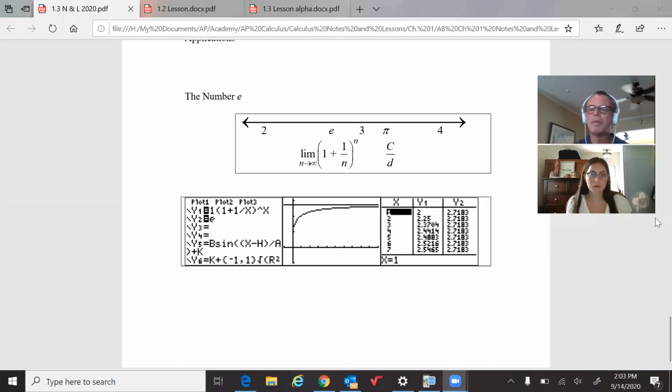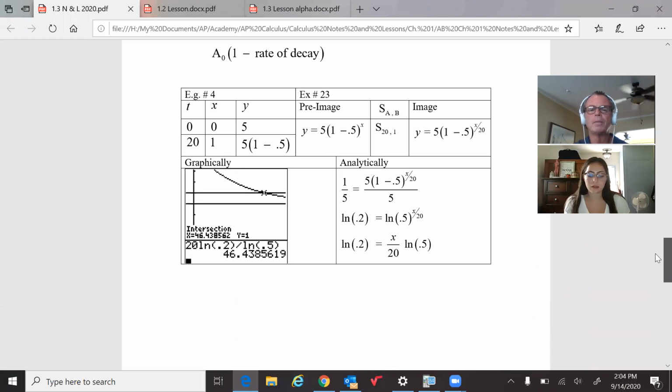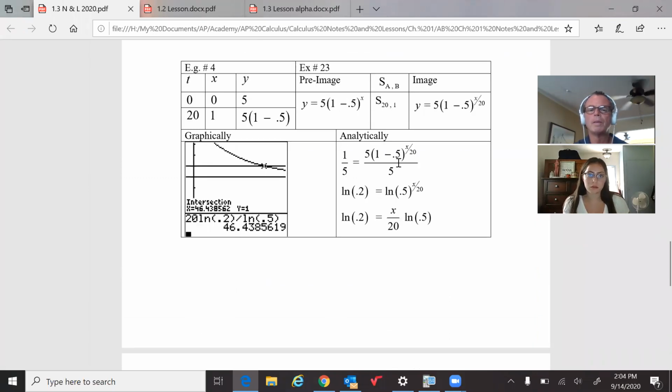But why did you put it into log form? Well, 1 is how much I want to know when there's 1 left. The initial amount was 6.6. This is 0.5 because it's half-life to x divided by 14. Okay, so that's the question, just right here.